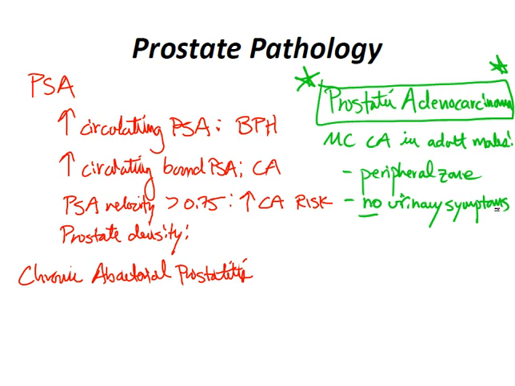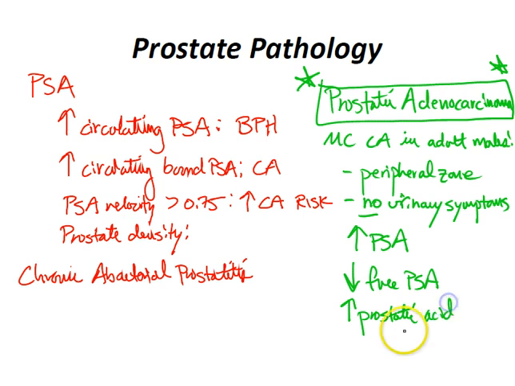So, osteoblastic bone mets are by far the most common. Other common metastasis sites include the lung and the liver. And the tumor-specific markers are an increased PSA, decreased fraction of free PSA, and an increase in prostatic acid phosphatase with invasion.